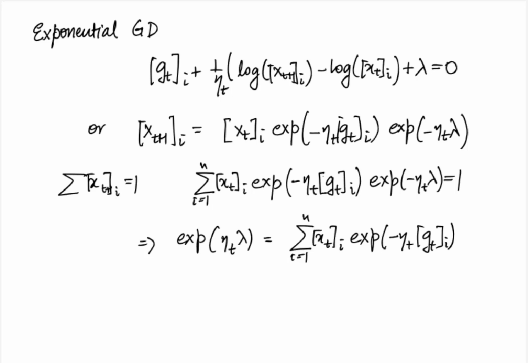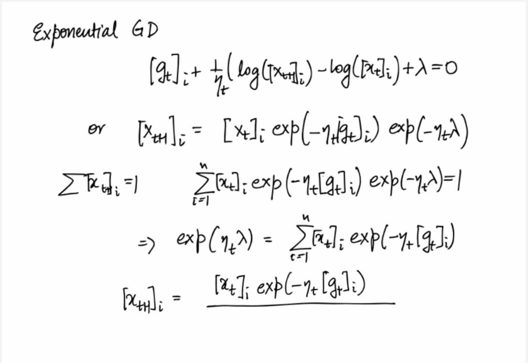So now substituting, we get that the algorithm updates are given by the i-th entry of x_{t+1} is equal to the i-th entry of x_t times exponential of minus eta_t g_t,i divided by sum over all j from 1 to n x_t,j exponential of minus eta_t g_t,j.